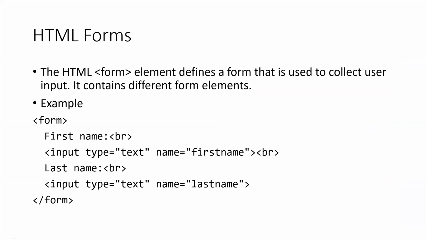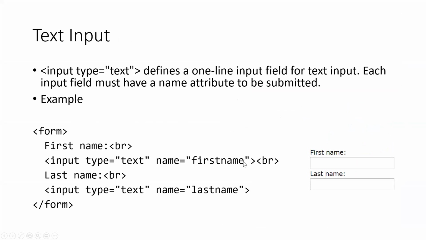Now, first of all, what you need to remember is that to create a form, you have to use the form tag, and then you have to show some values. For example, let's say I want two input fields to get text for first name and last name.